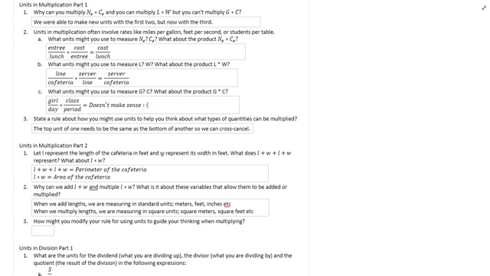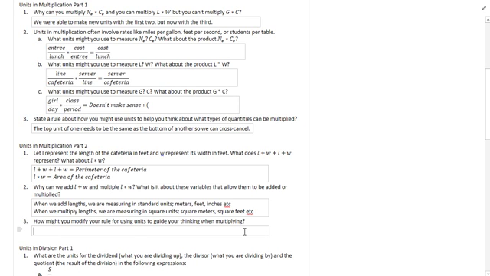When we multiply them together, we're making a new unit. It's the difference between measuring length and area, where we have just regular units like meters and feet, and then when we're measuring area, we always measure in square units like square meters or square feet.